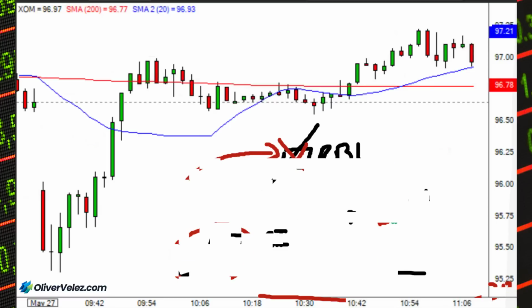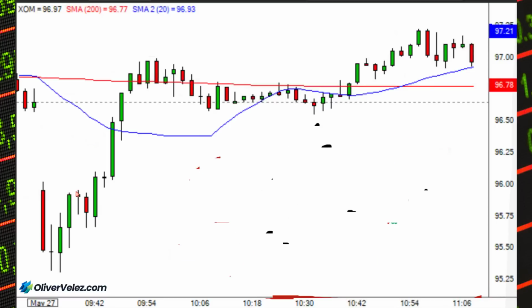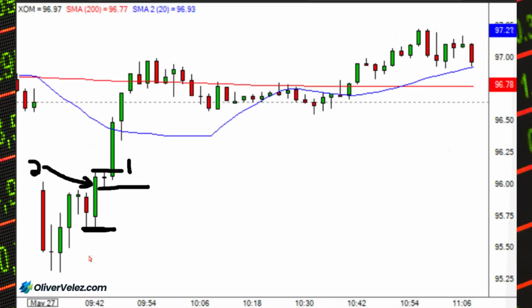All right, remember what Carlos did here, right? Carlos bought this bar, beautiful bar to buy. Boom. 2 lots. Event stop here. He added here, but gave the add its own stop under the red bar, under the pause bar.